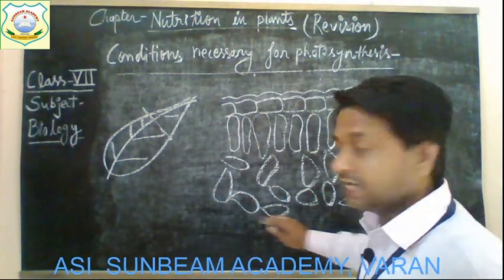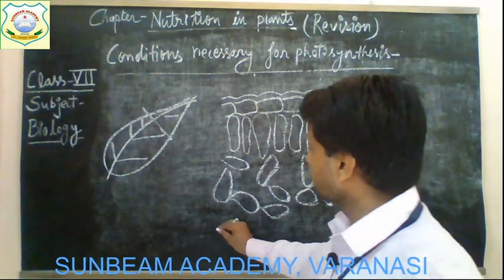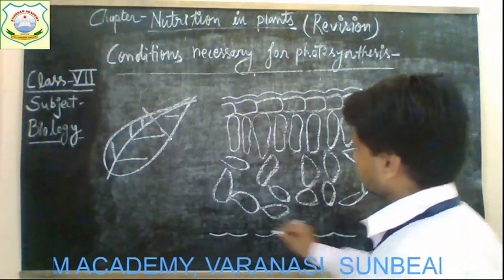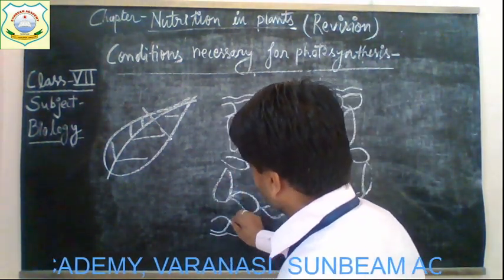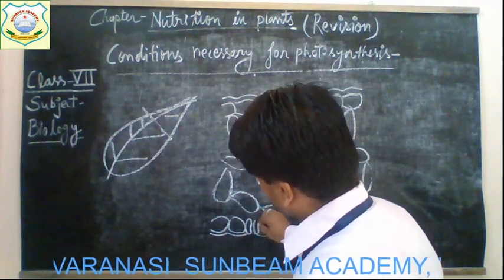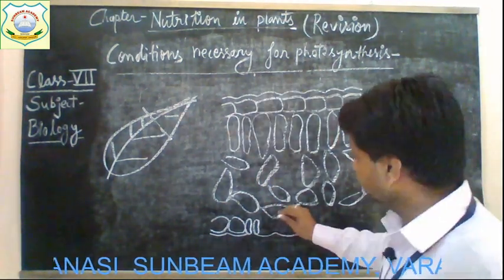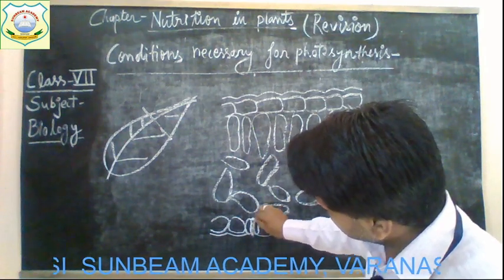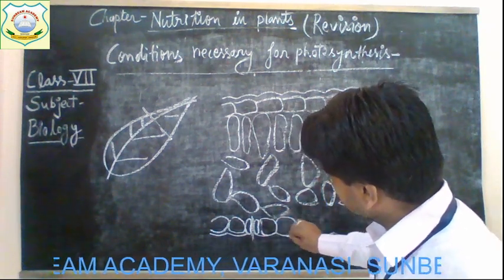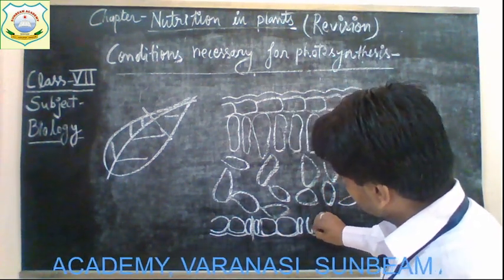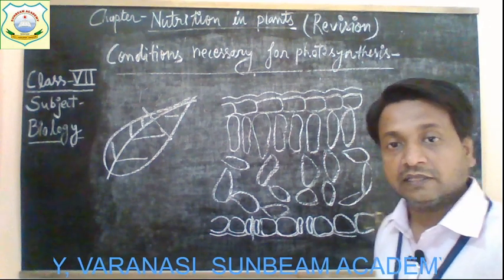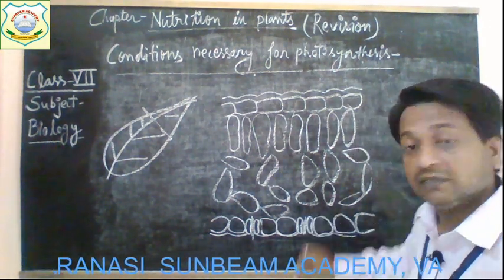Okay, and on the lower side of the leaf, that is the inner surface of the leaf, it looks somewhat like this kind of structure, and it has an opening, a hole present there. So these openings are known as stomata.